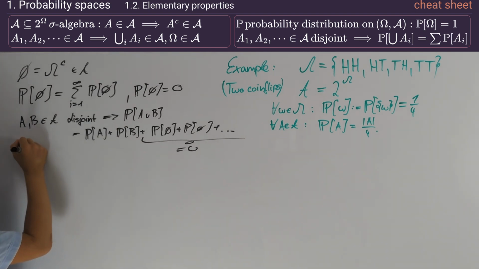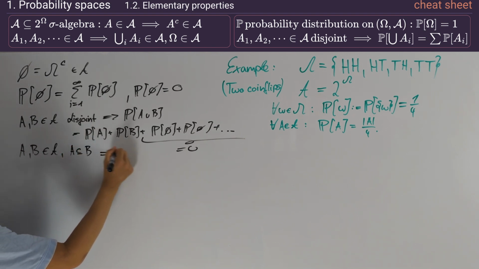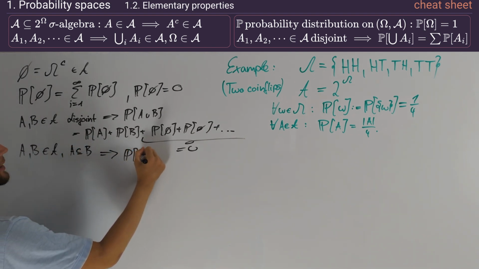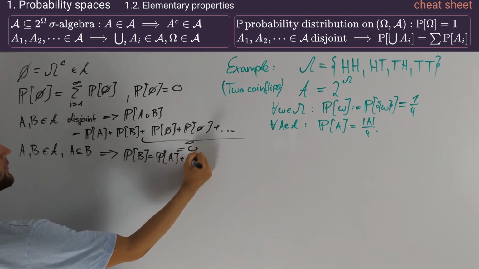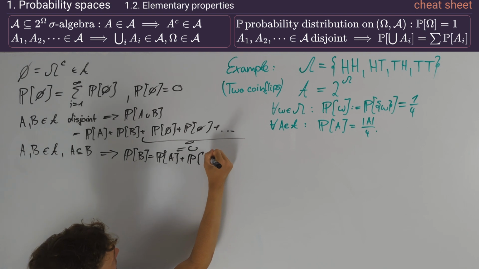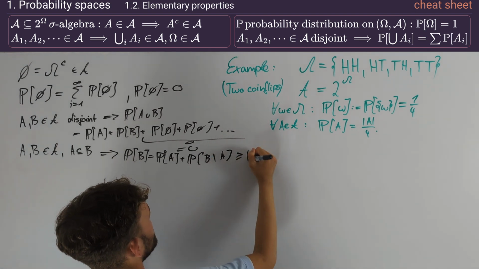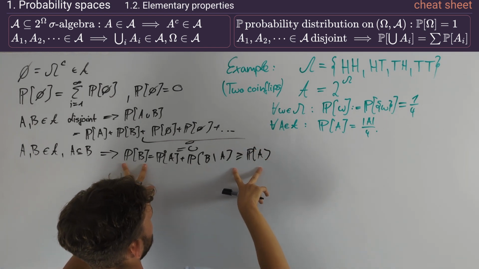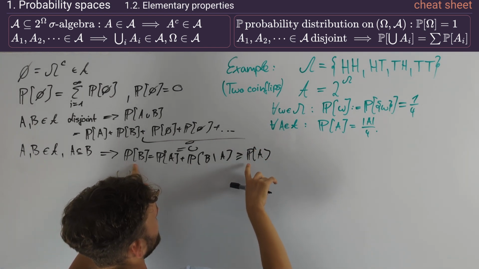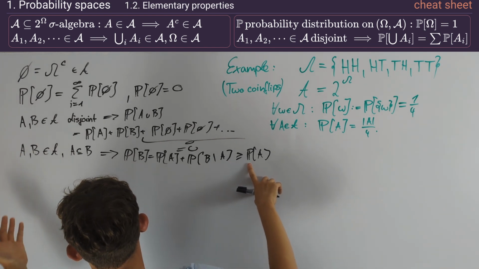We can also write this in a slightly different way, namely for events A and B such that A is a subset of B, we have P of B equals P of A plus P of B minus A. Since P of B minus A is non-negative, this is greater than or equal to P of A. And in total, this statement is also quite intuitive: P of B is greater than or equal to the probability of A, as most of the things we are doing right now should be.